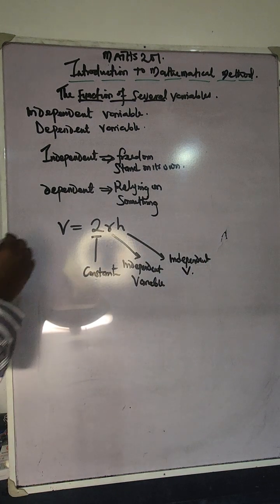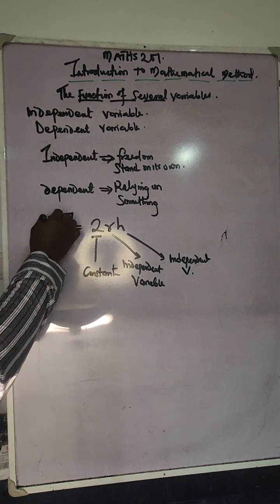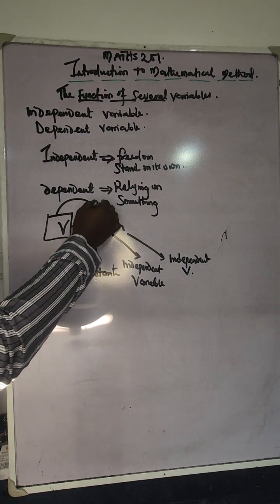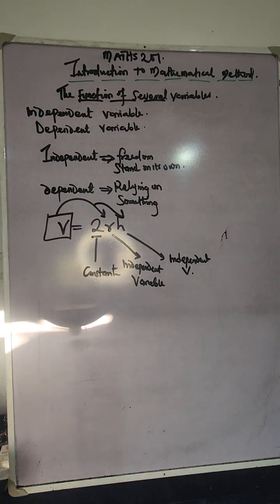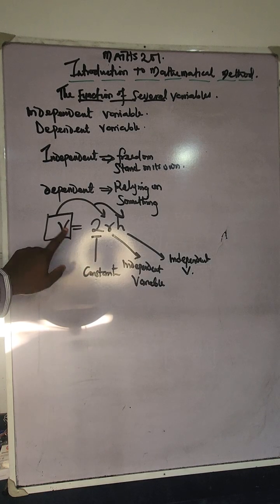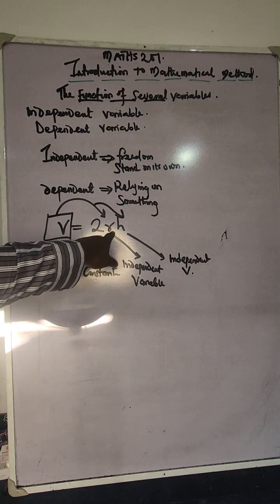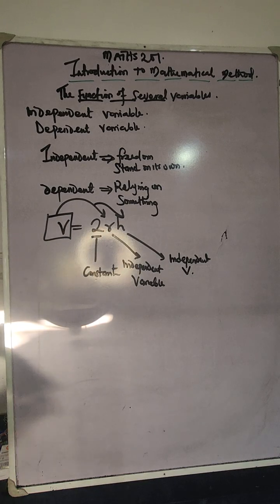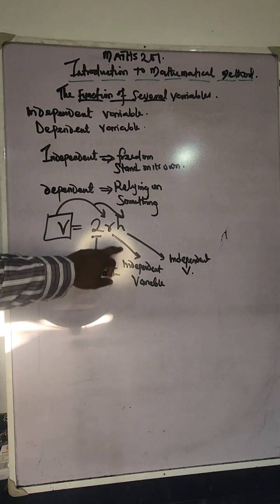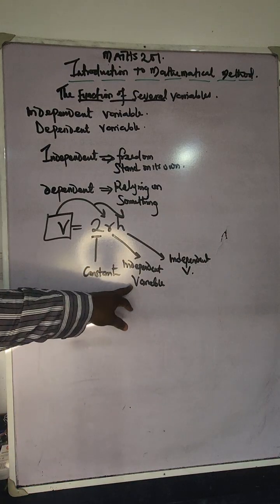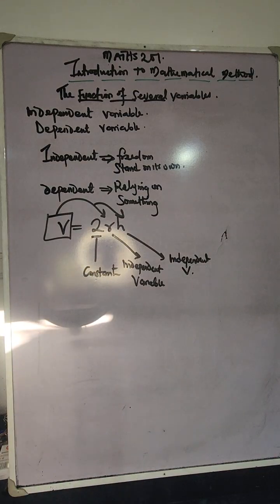Because the value of V is dependent on what the value of R and the value of H is, right? You would not know the volume, this V, if you don't have a value for R and H. That is why we said R is an independent variable, which means it can stand on its own.